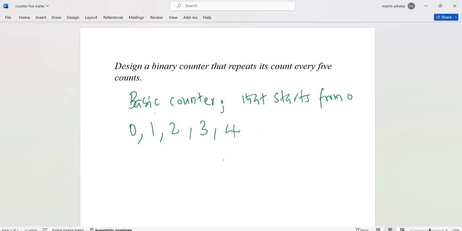Now, if we are looking at 5 states, we have a formula that we are going to use in designing so that we know how many flip-flops we need.